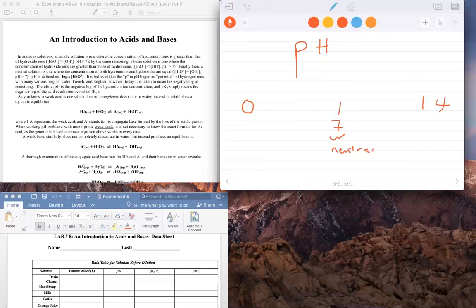Anything greater than 7 going towards 14, we say this is basic. And anything below 7, we say this is acid.